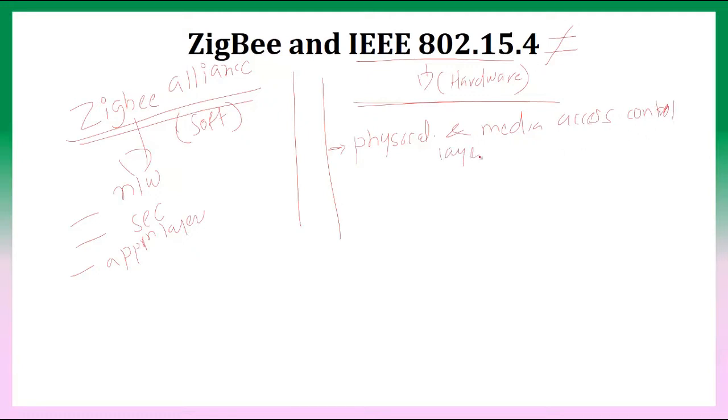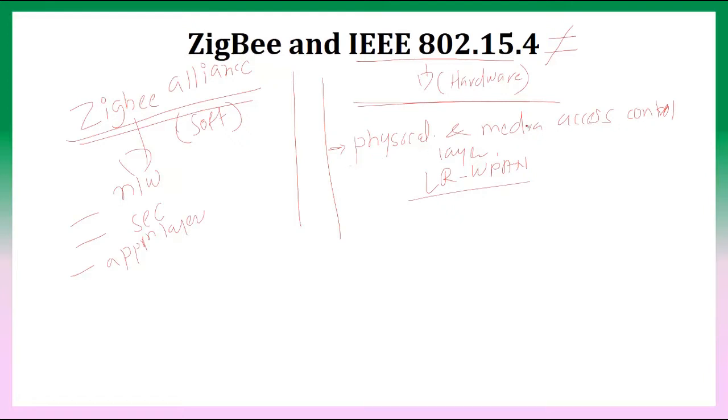This is for LR-WPAN, because 802.15.4 is well known as a low rate WPAN device standard. So its function is the physical and media access control layer.